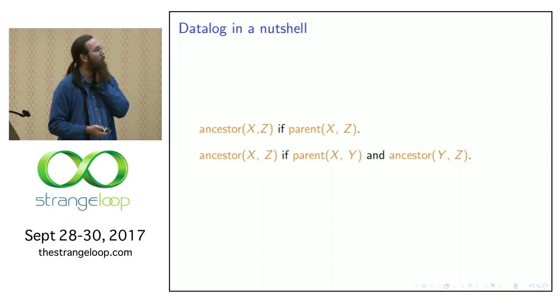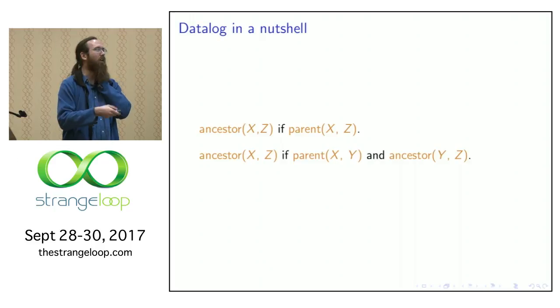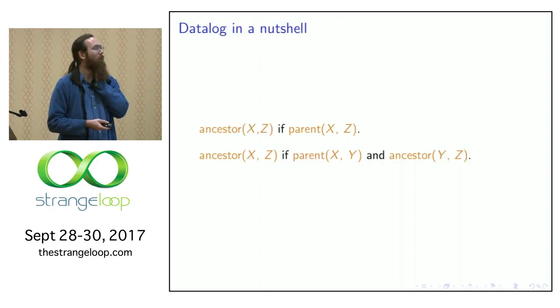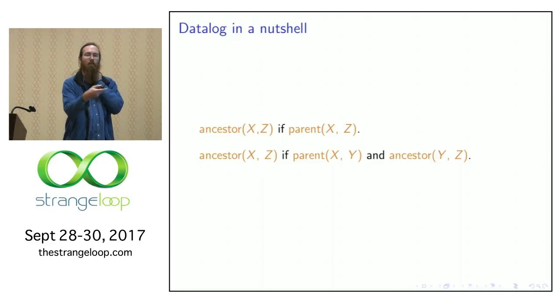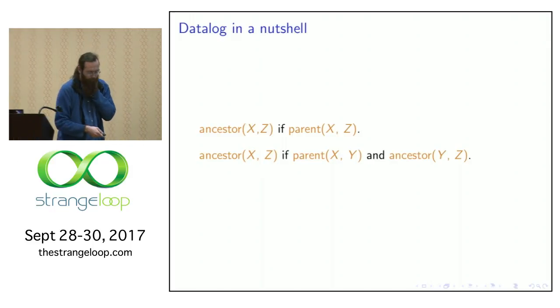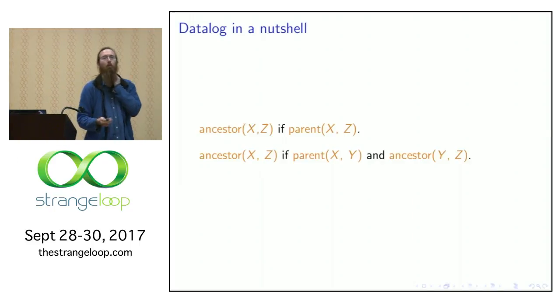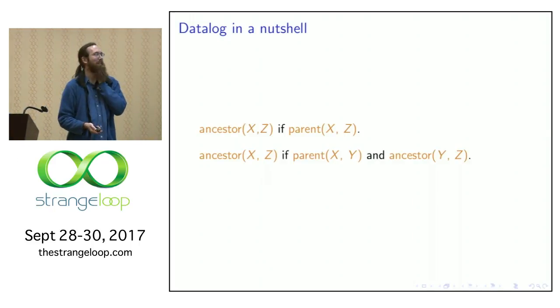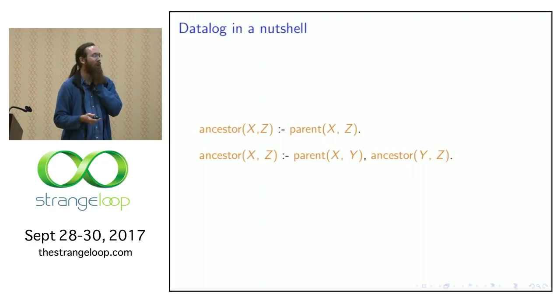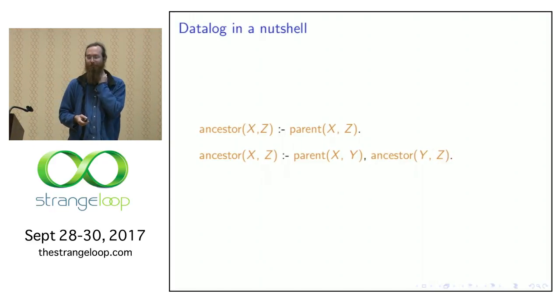So let's replace our English possessives by something a little easier to parse, right? We'll put a predicate and then some arguments. So in this case, the predicates we're concerned with are ancestor, which tells us that somebody is somebody's ancestor, and parent, which tells us that somebody is somebody's parent. And just for kicks, let's make it look a little more computery. Let's replace the if by a colon dash and the and by a comma.